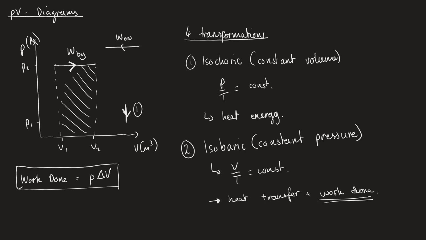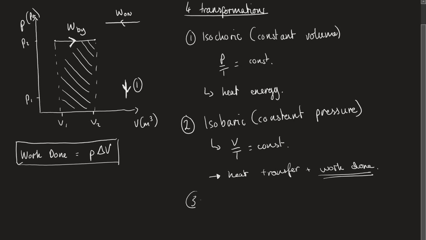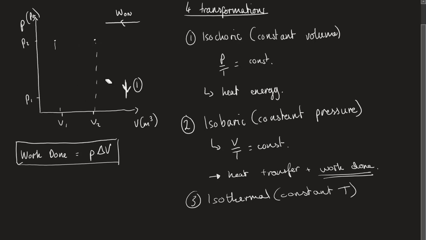The third type of transformation is an isothermal transformation, and this is where we keep the temperature constant. So we have a constant temperature. Now the graphs for isothermal transformations are slightly different, because this is a pressure versus volume graph.